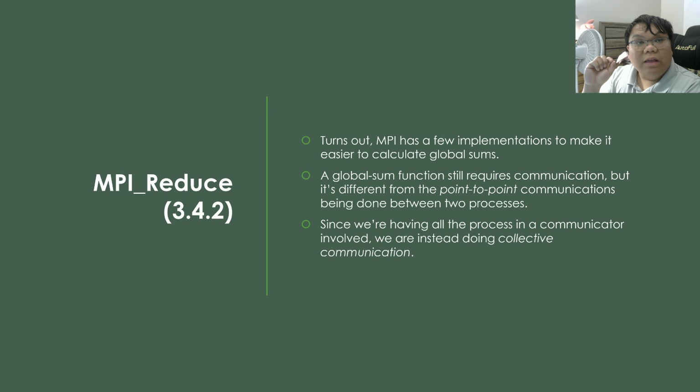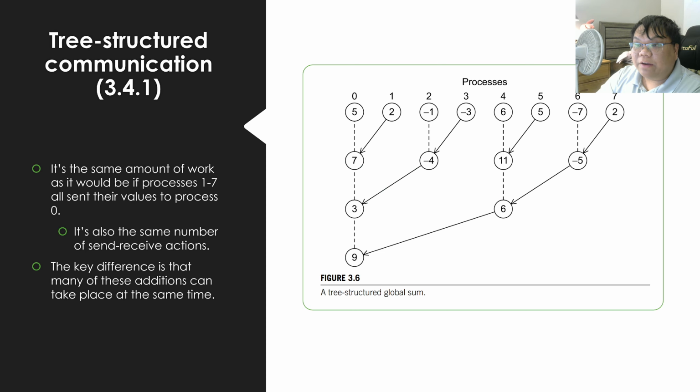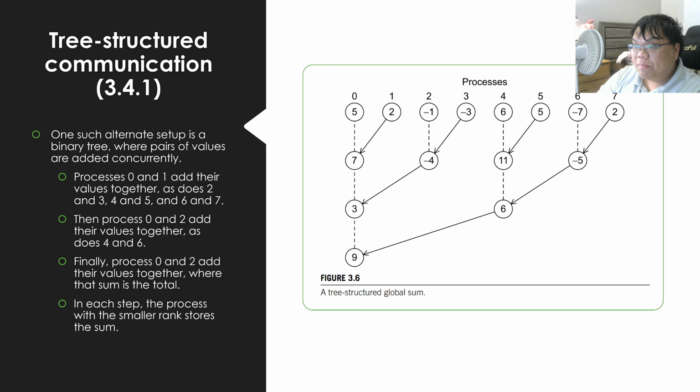So, doing just sends and receives, that is just point-to-point communication. But what we are doing now is collective communication. Communication across a whole communicator. And MPI reduce is one of a few functions meant for collective communication.